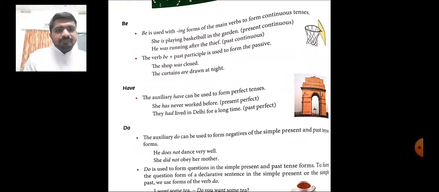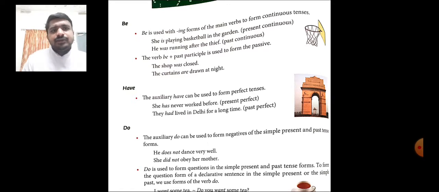First one is be. The forms of be are used with the ing forms of the main verbs to form continuous tenses. She is playing basketball, or he was running. So in the present continuous tense it can be used, and in the past continuous tense also, the forms of be: is, was, were, are.